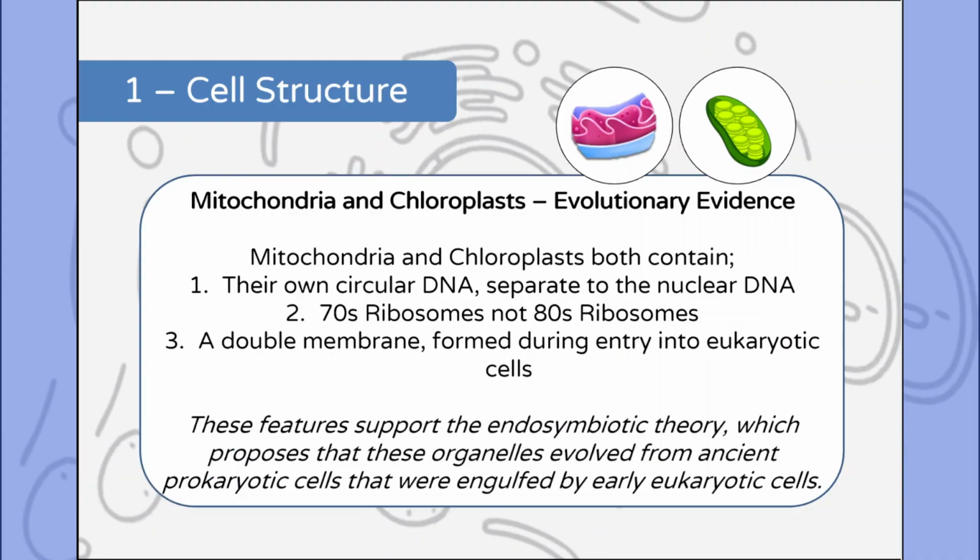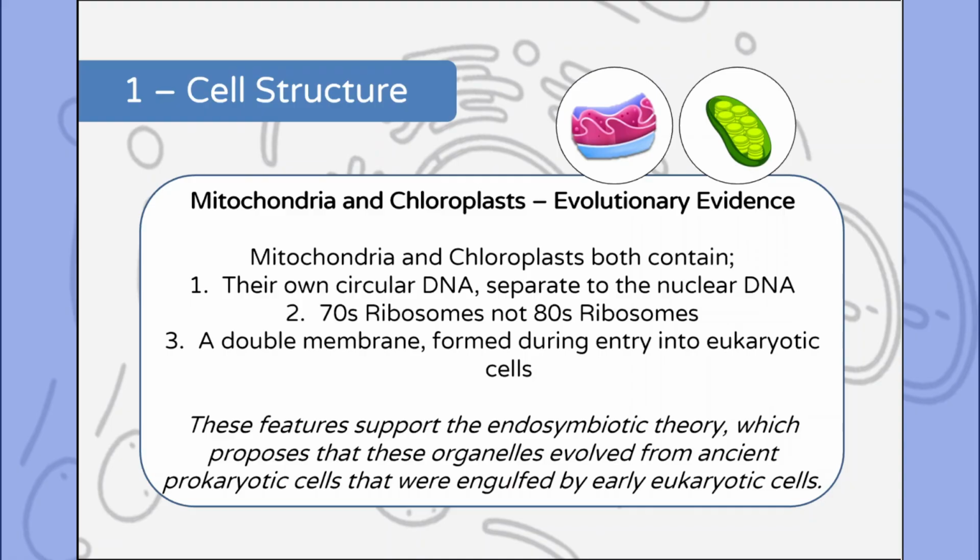These features support a theory called the endosymbiotic theory, which proposes that basically mitochondria and chloroplasts used to be bacteria or prokaryotic cells that evolved to live within eukaryotic organisms.